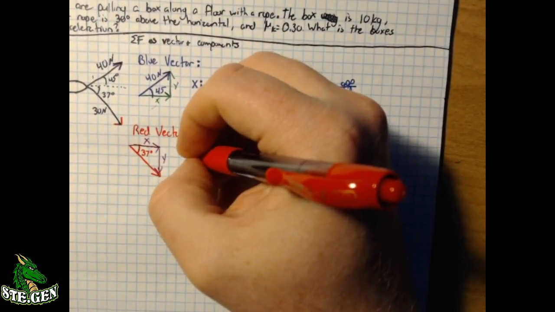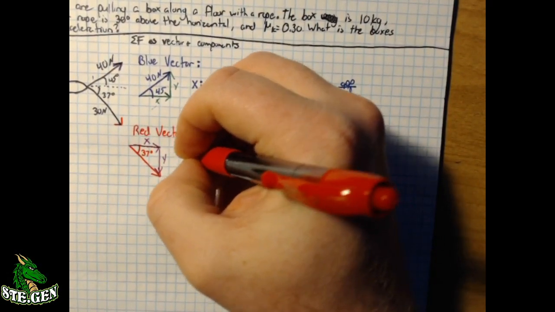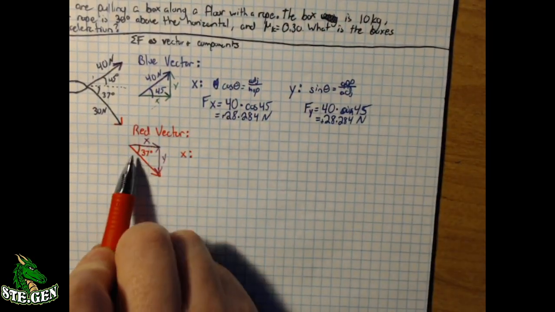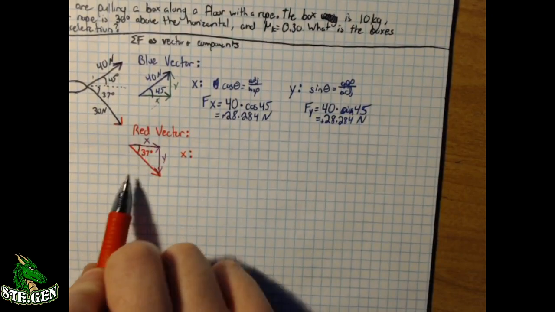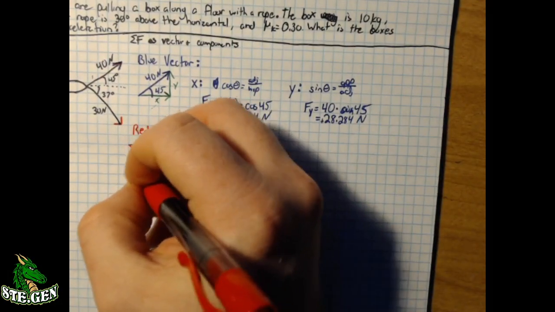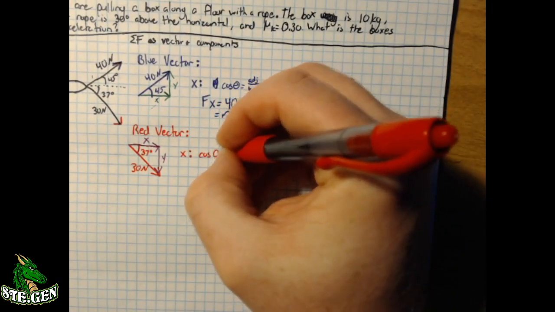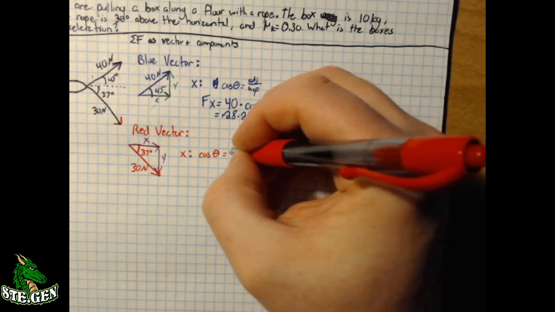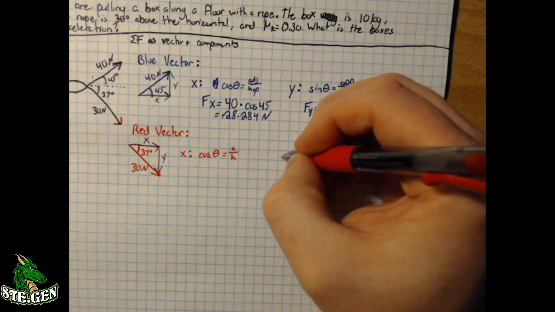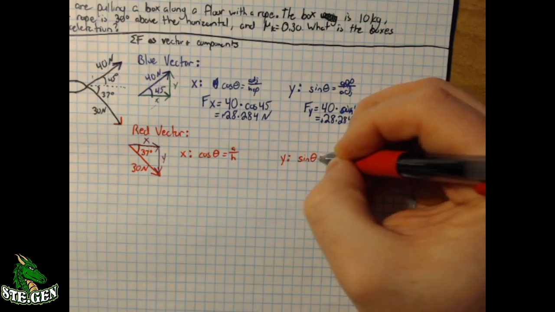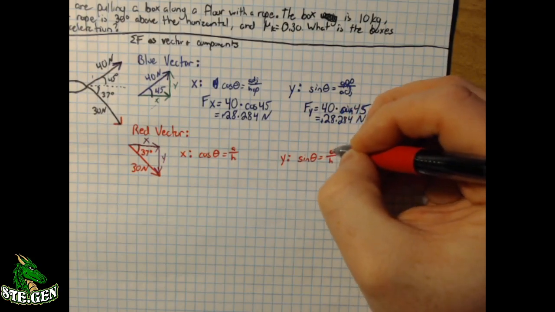To determine the x direction, I want to have the adjacent. I have the hypotenuse, because the hypotenuse is 30 newtons. So this is going to be set up the exact same way. Cosine theta equals adjacent over hypotenuse. That means y is also going to be set up the same way. Sine theta equals opposite over hypotenuse.